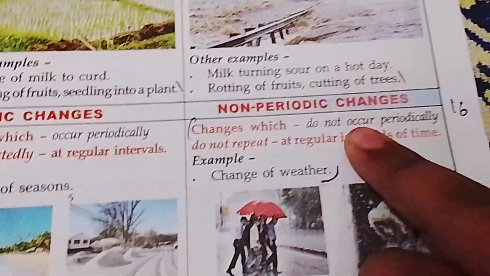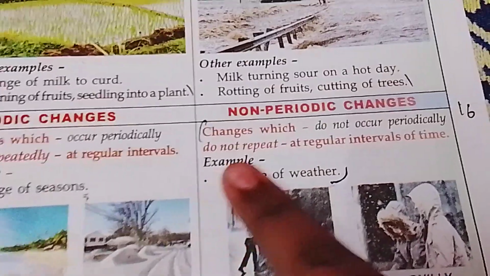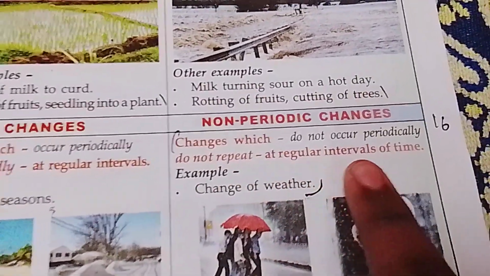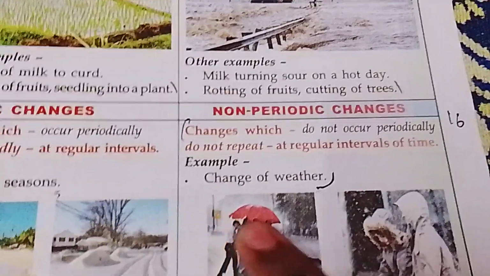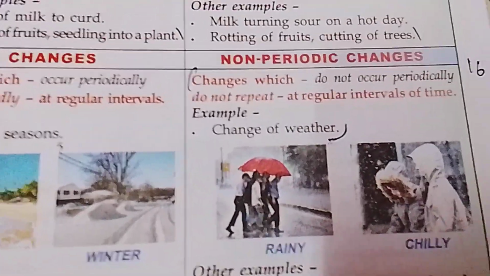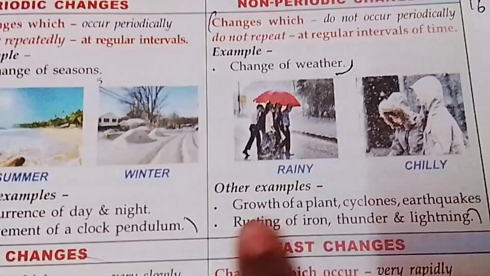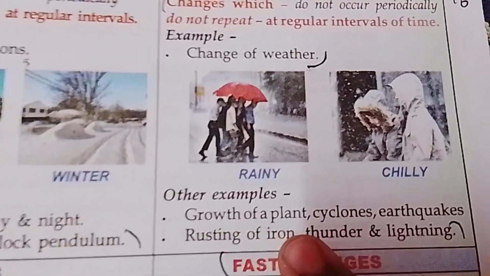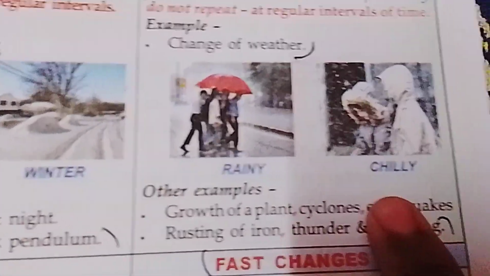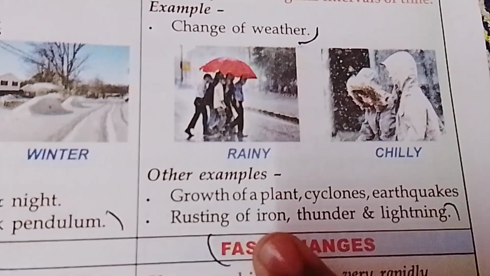Changes which do not occur periodically, do not repeat at regular intervals of time. Example, change of weather, rainy, chilly. Other examples, growth of a plant, cyclones, earthquakes, rusting of iron, thunder and lightning.